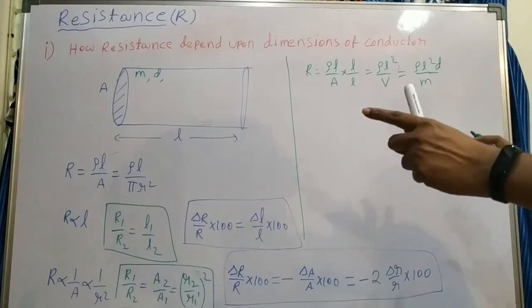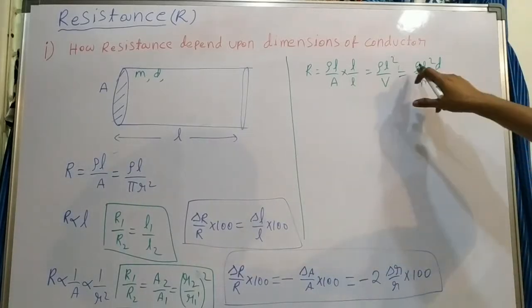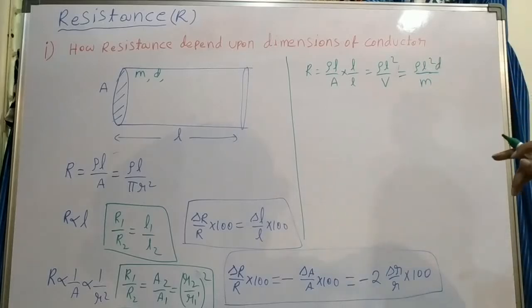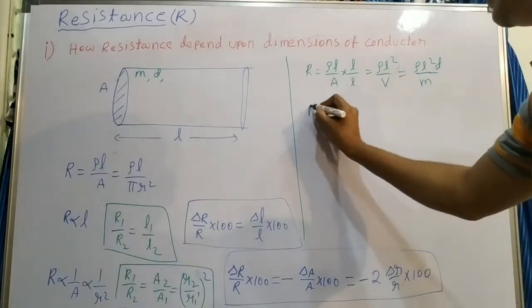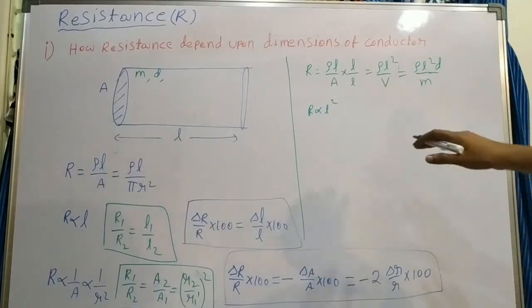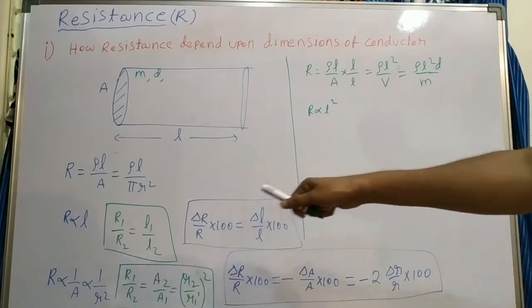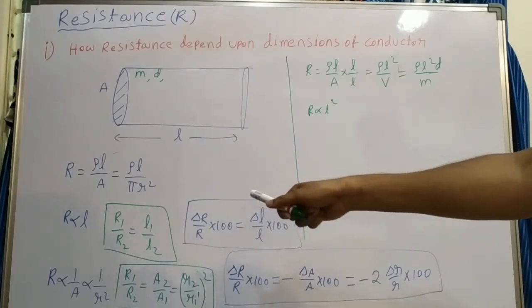On stretching, or melting and recasting, resistivity, density and mass do not change. So R is proportional to L squared.